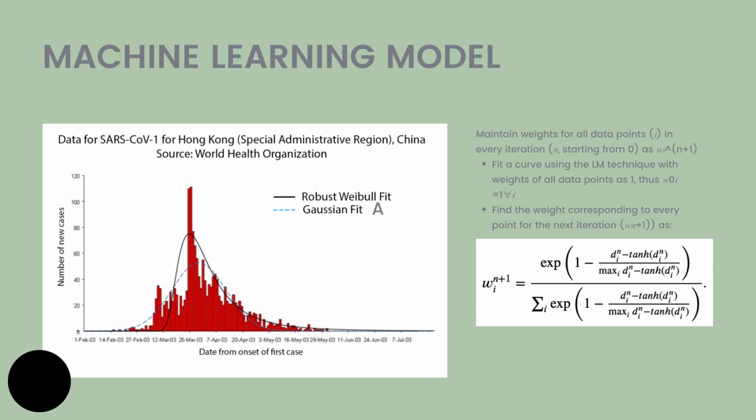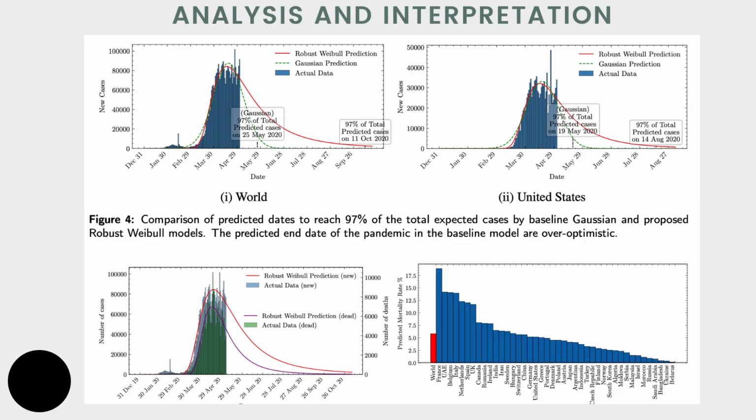So next is analysis and interpretation. Thus we talk about the second model, the one which is shown to be more effective. As shown in Figure 4 here, we can see that the prediction of the baseline Gaussian model deployed by the SUTD is over-optimistic.